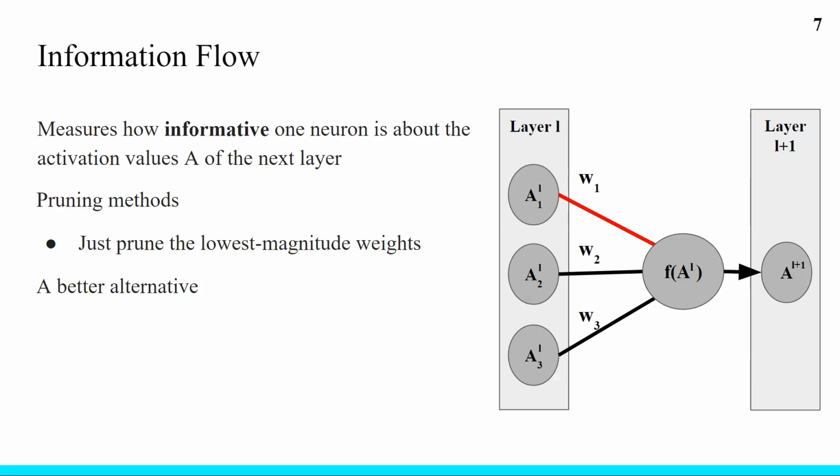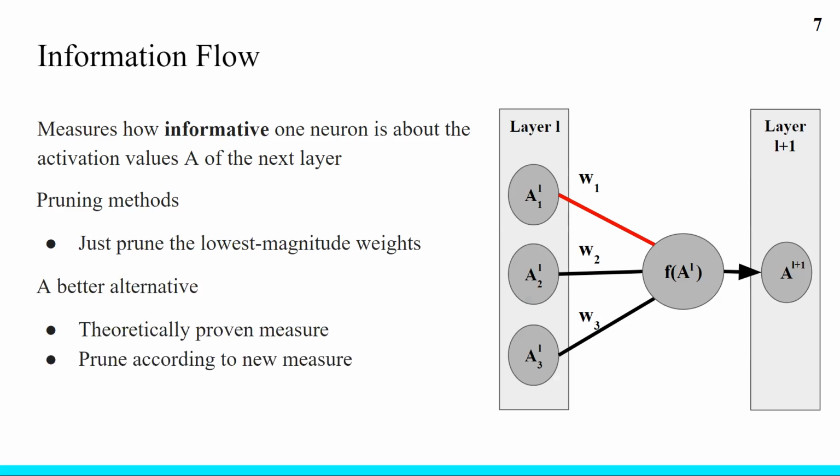However, I suggest here that the better approach is to instead have a theoretically proven measure of importance that you can use to calculate the importance of the weights in the network and use that to drive your decision making about the pruning.